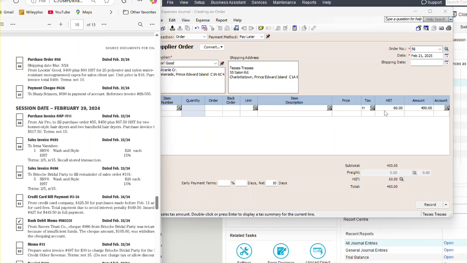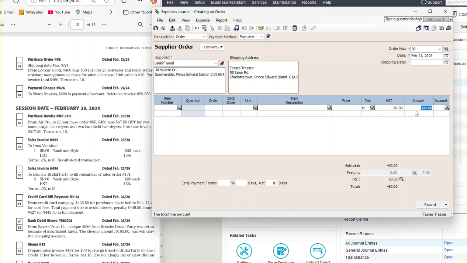So you could take 400 divided by, I need to use my calculator. So the price is 16, and we got 25 of the order, and it is for polyester and nylon.